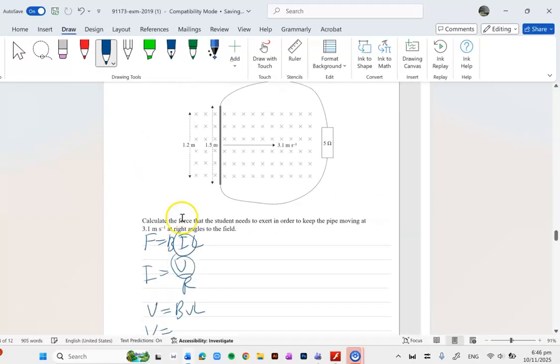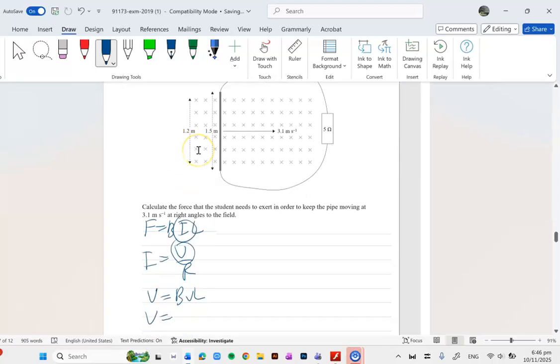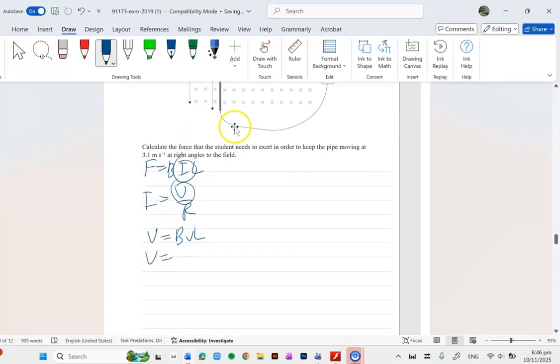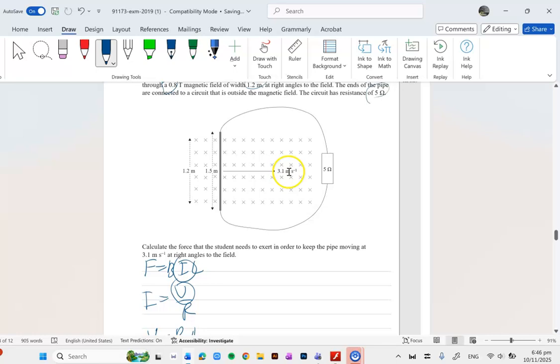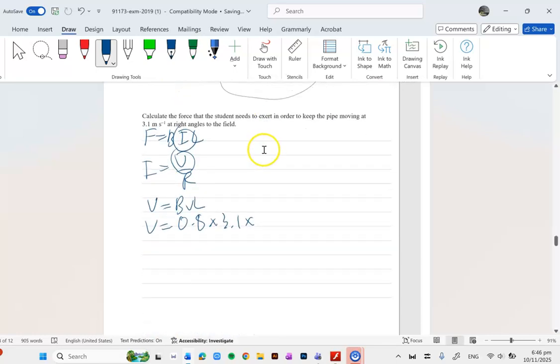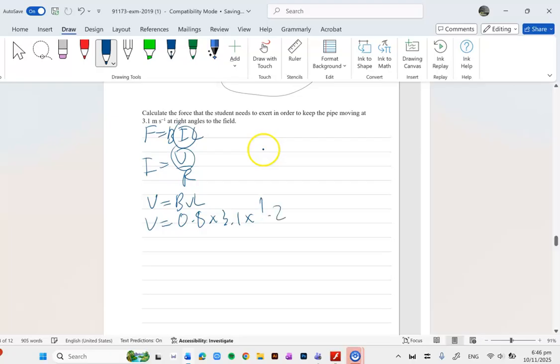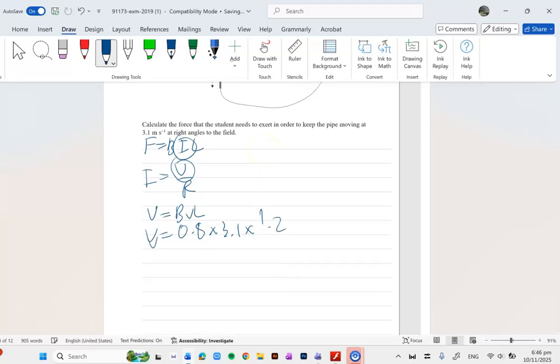V equals 0.8. What's the speed? 3.1. 0.8 times 3.1 times the length inside the magnetic field, so it's going to be that. I'm not going to worry about the 1.5. 1.2. That's gone. What is going on?